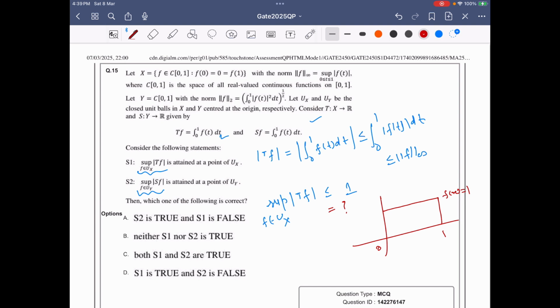So this function is not in X. So you can slightly modify this function like this. This sequence of functions you can consider like this, and you'll see that this area is slowly approaching towards 1. So the supremum is 1. This quantity turns out to be 1.